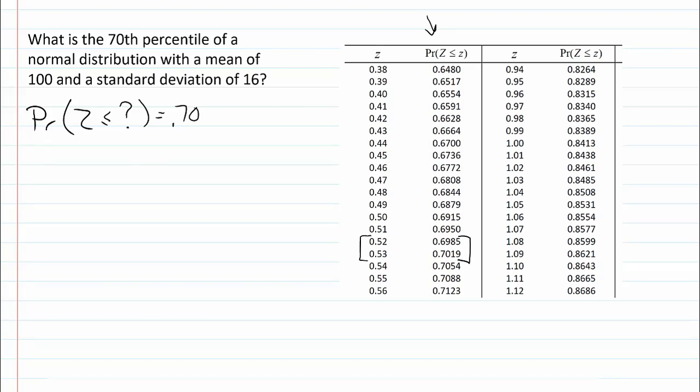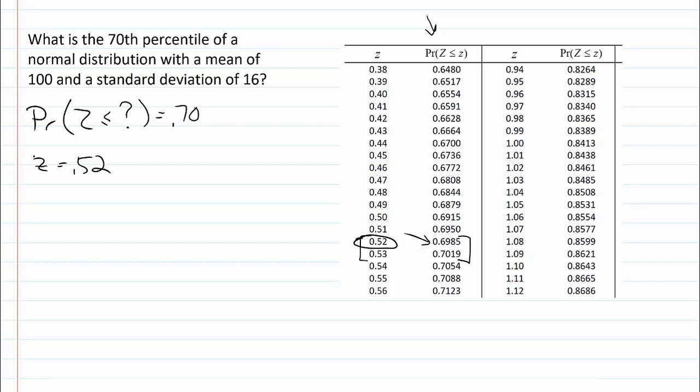I could use linear interpolation and find the value that I need in this table, but a simpler option is to simply go to the value that's as close to 0.7 without going over. And this works because I'm using percentiles. So I want the value that's as close to 0.7 without going over, and that's going to be 0.6985. And so the value of z that I want is 0.52. All right, so z is going to equal 0.52.